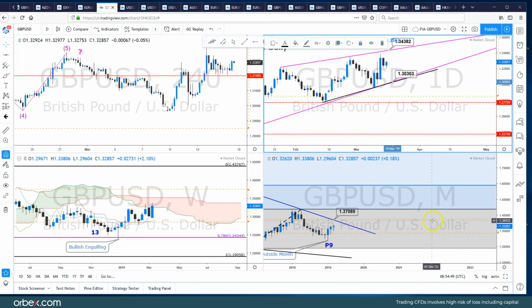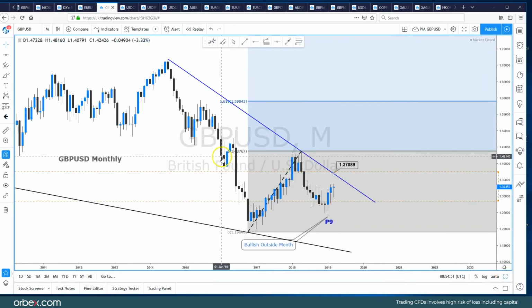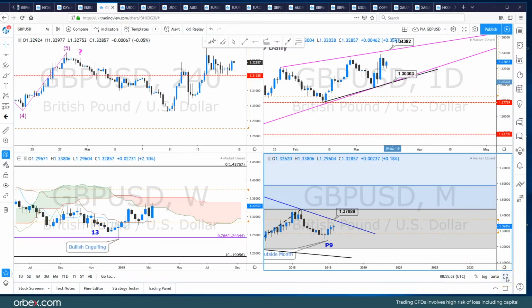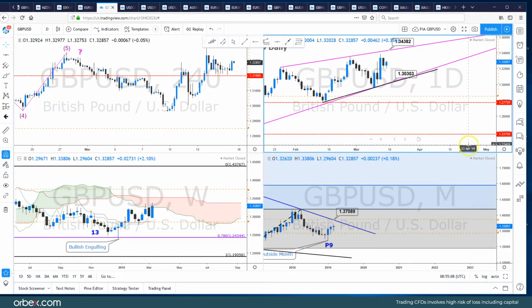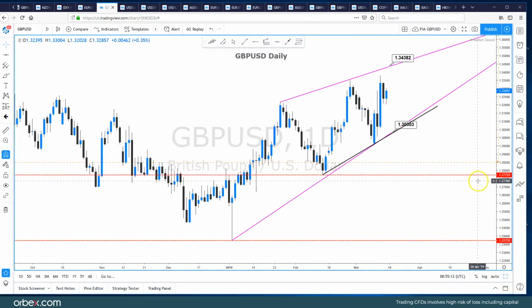In fact, if we go back to the monthly chart just quickly, and we count back these months, 1, 2, 3, 4, and then we take the close of that month, which is 127.48. That is the break point where sterling dollar stops being bullish and starts being bearish. So 127.48, if we come back to this daily chart, it's just underneath that wedge target. So we have got scope for a move lower.